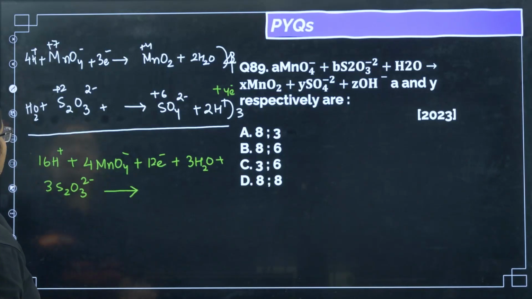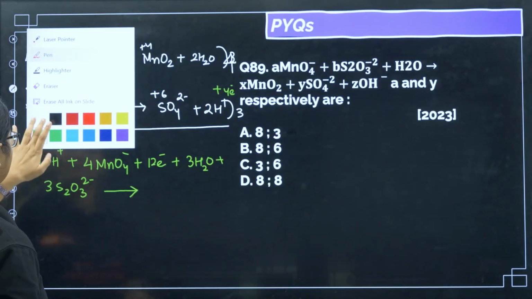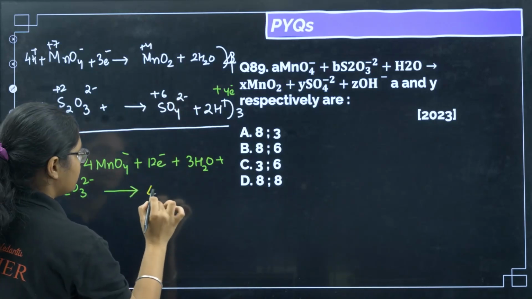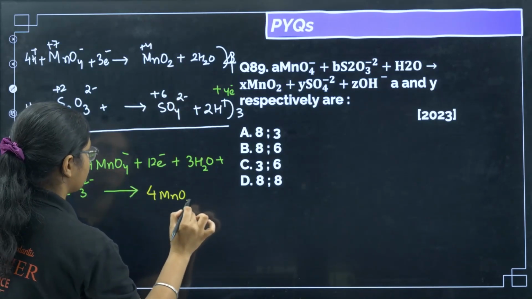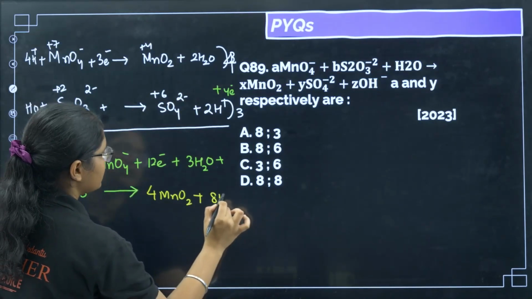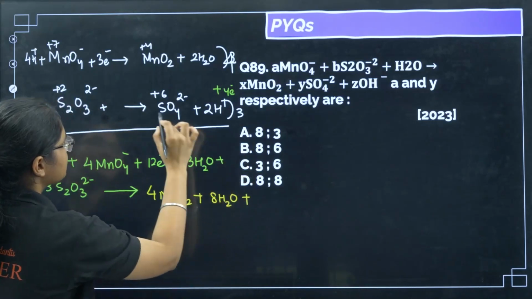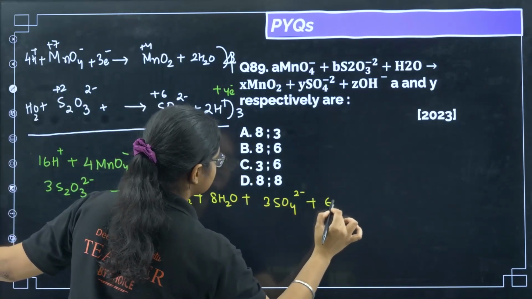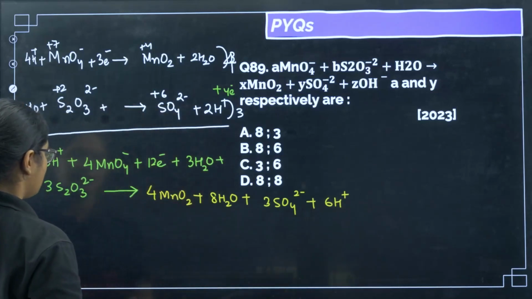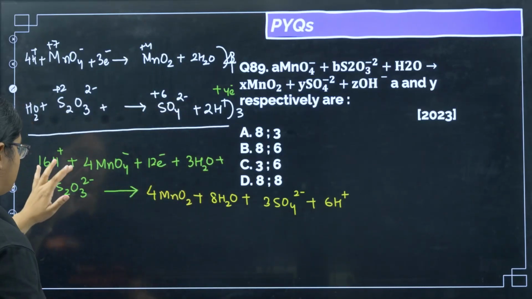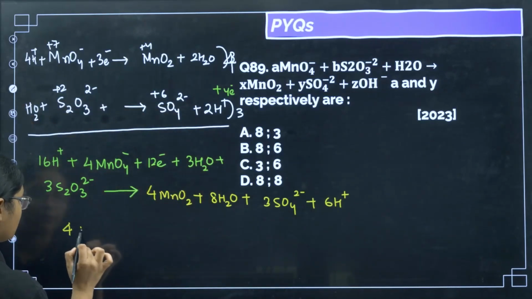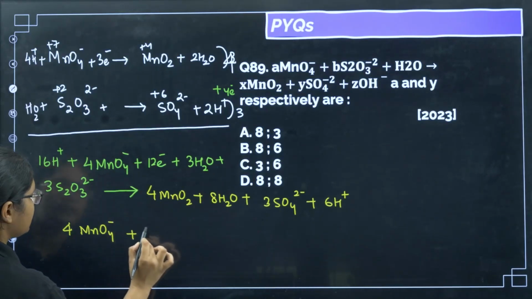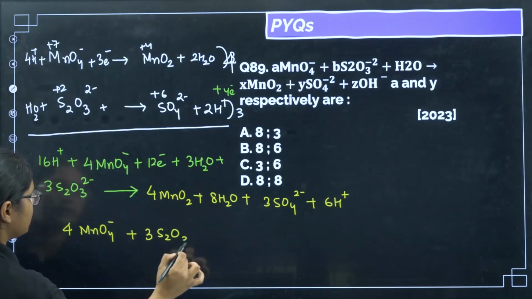And now what I can do, I will write the RHS side with a different color, yellow. So here again I will have 4 MnO2, plus 8 water plus 3 SO4 2- plus 6H+. Now if I want to write the balanced equation, I will have 4 MnO4- plus 3 S2O3 2-.